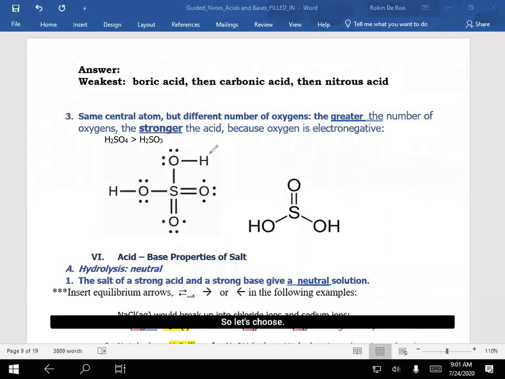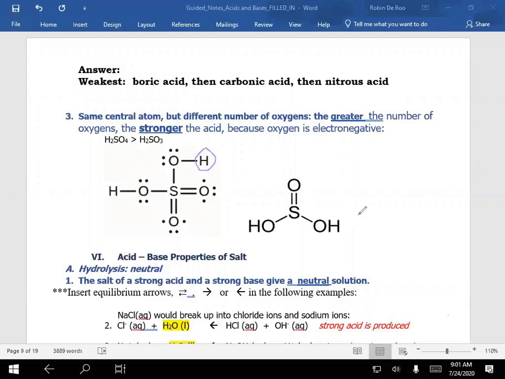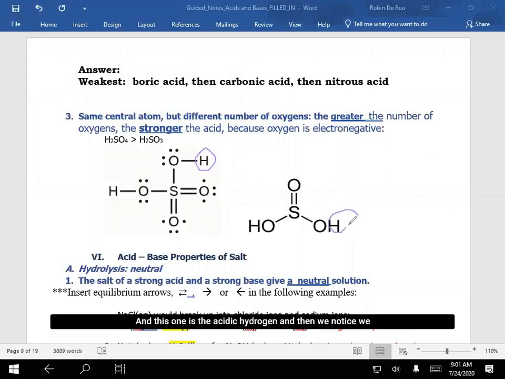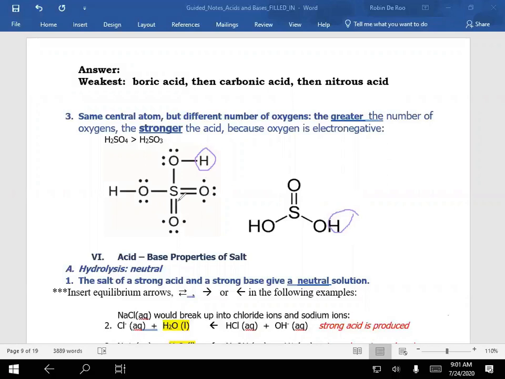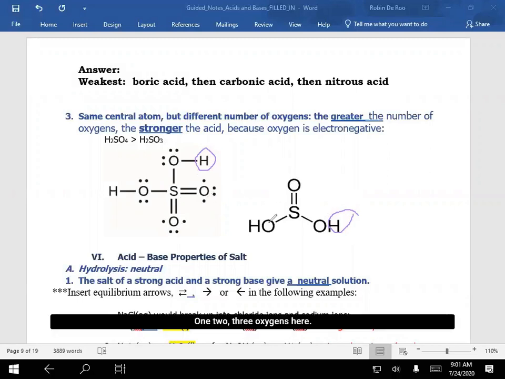So let's choose this one as the acidic hydrogen. And this one is the acidic hydrogen. And then we notice we have 1, 2, 3, 4 oxygens here. 1, 2, 3 oxygens here. So our central atom is this one, the sulfur.